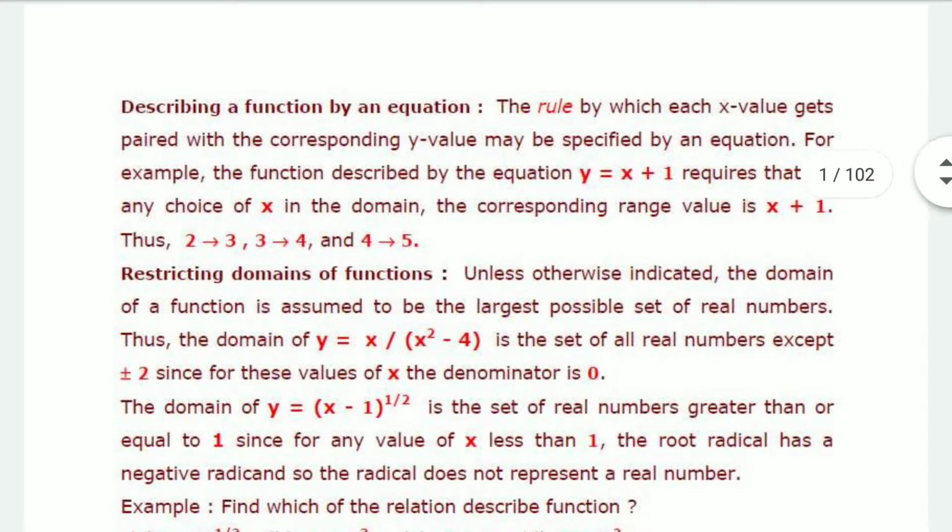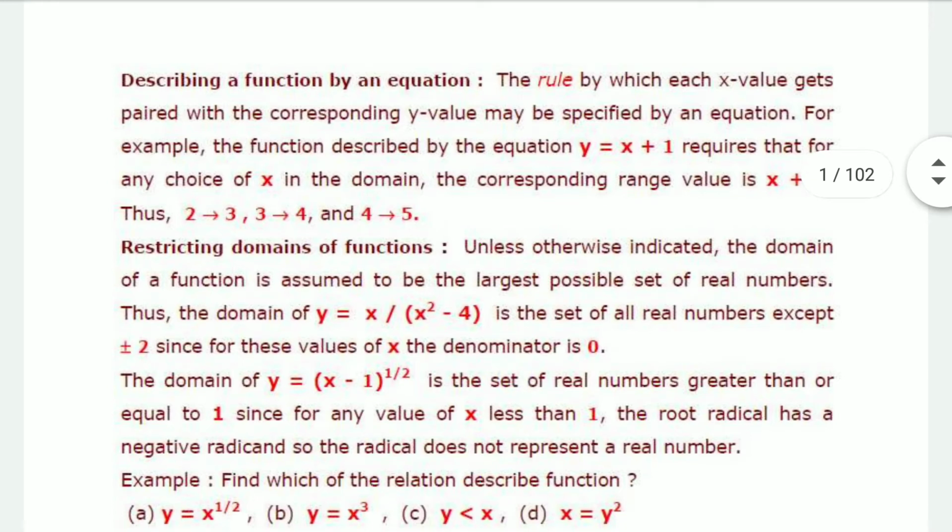Now, this is an extension to the part in which we discussed the domain, the range, the ordered pair, the relations, the functions, etc. While we are talking about a particular function, describing a function needs certain rules.